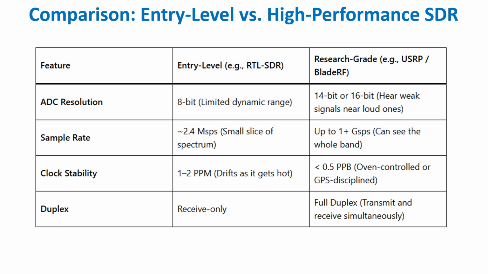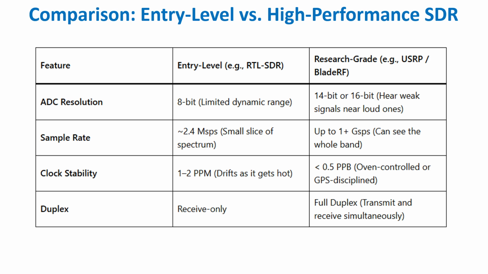They can hear weak signals near loud noises. The sample rate is around 2.4 megasamples per second, so it takes a small slice of the spectrum. It is up to 1-plus gigasamples per second and can see the whole band for advanced ones.